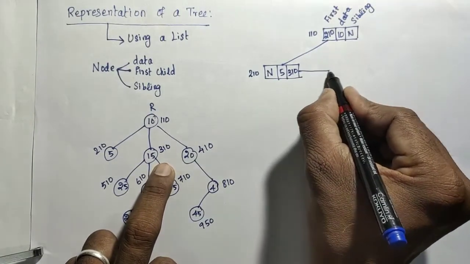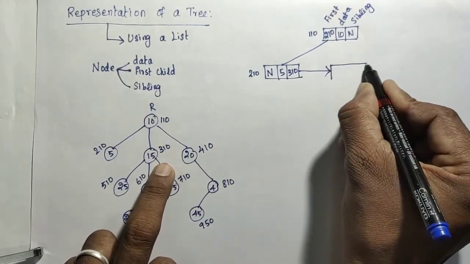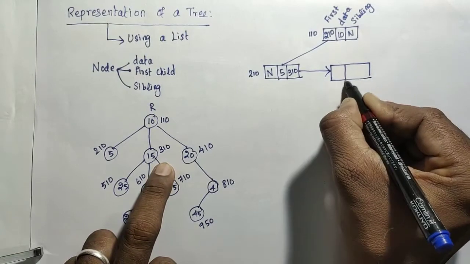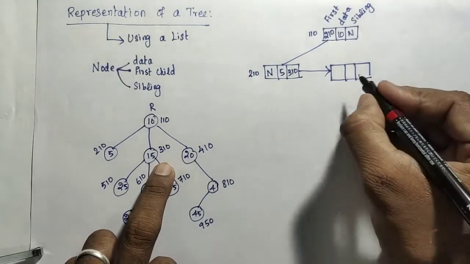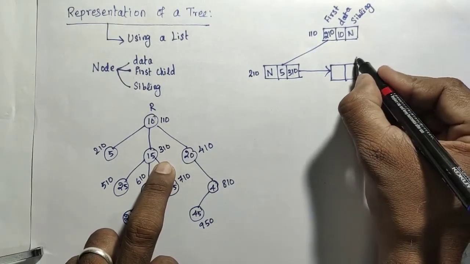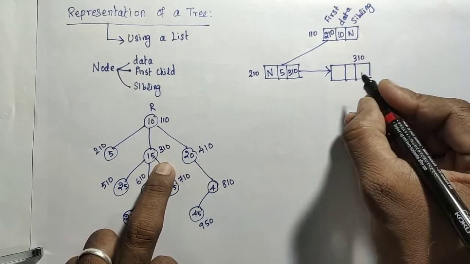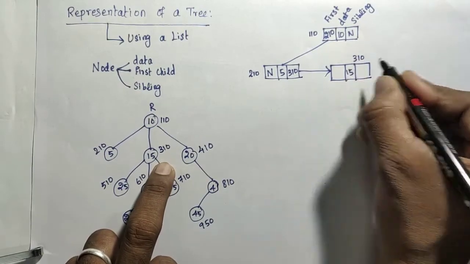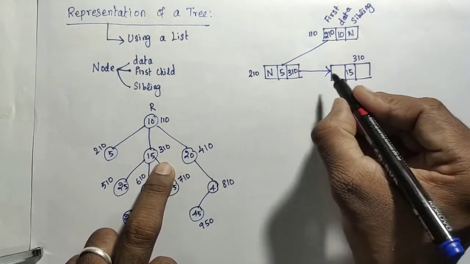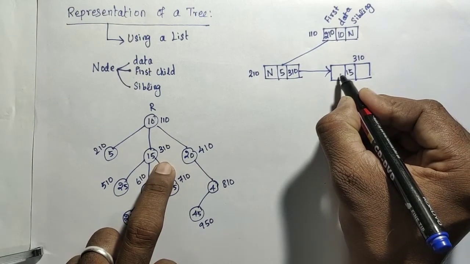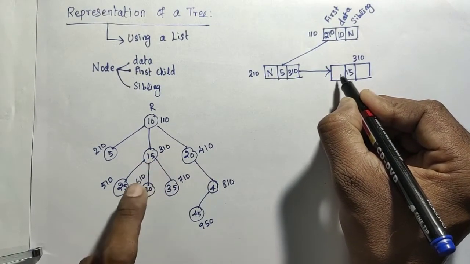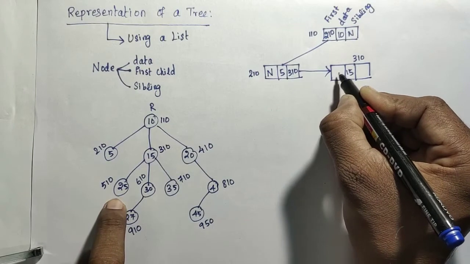So here, this is the 310th node. It contains the 15. And the address of the first child for the 15, that is what? 25.